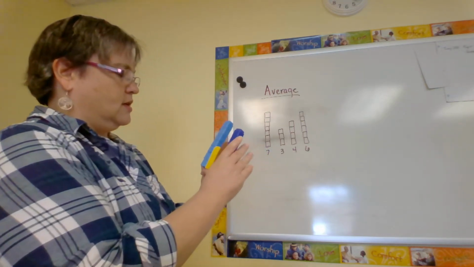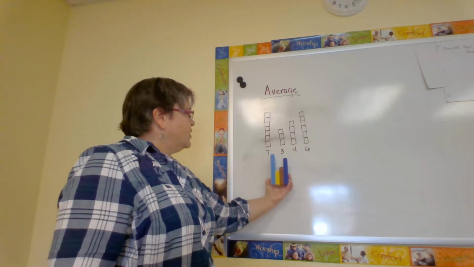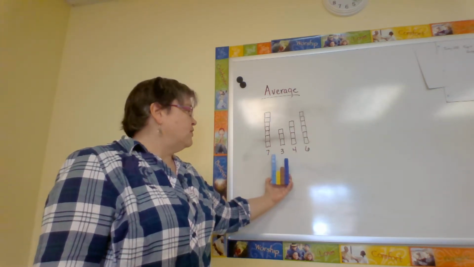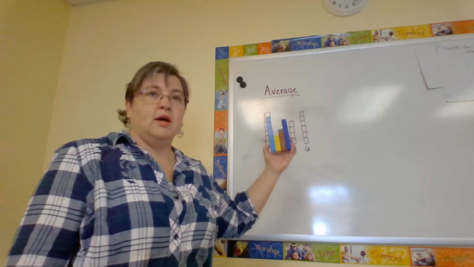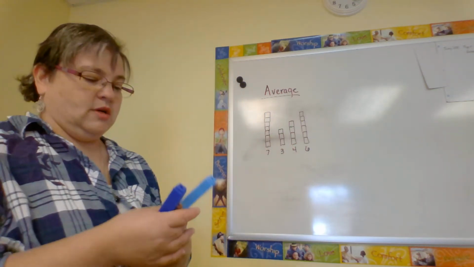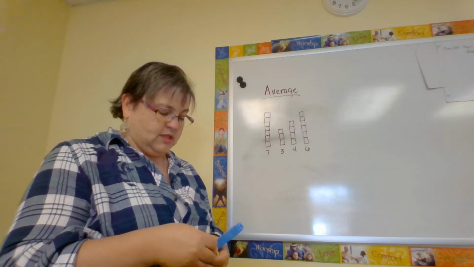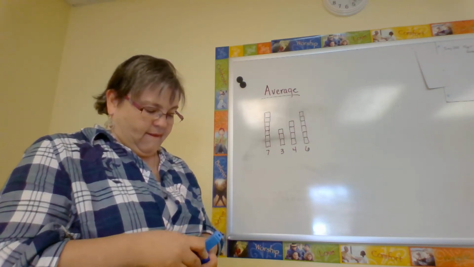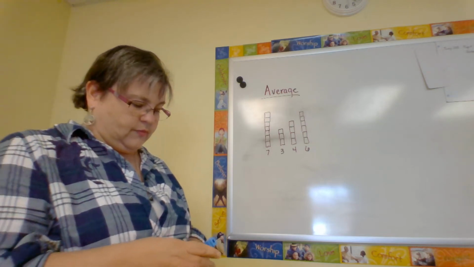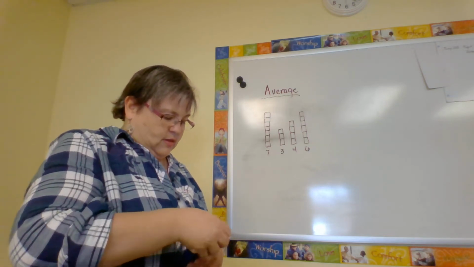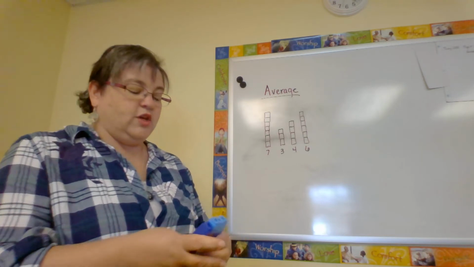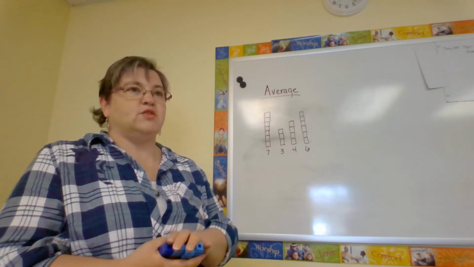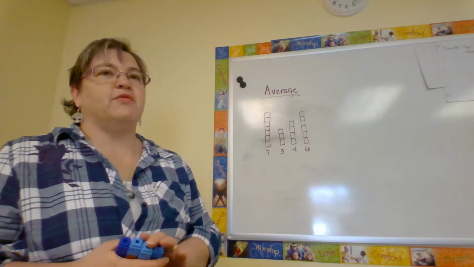Do what you did last time and see if you can make them all the same height. You have to keep 4 stacks. When you have it, raise your hand and tell me what's in each one.